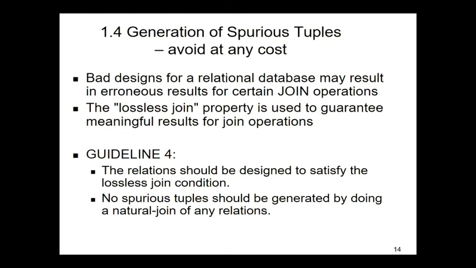Okay. So again, bad designs for a relational database result in erroneous results. For different joins, we have what are called lossless joins, used to guarantee meaningful results. But that comes back to inner and outer joins, remember? You had inner, outer, full, depending on which way you wanted to look at it.